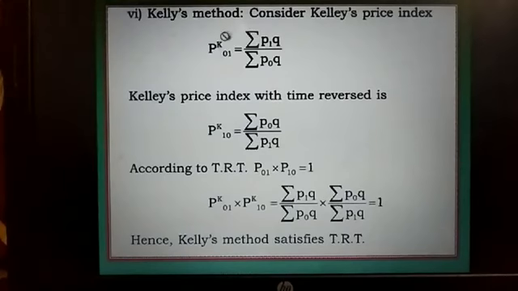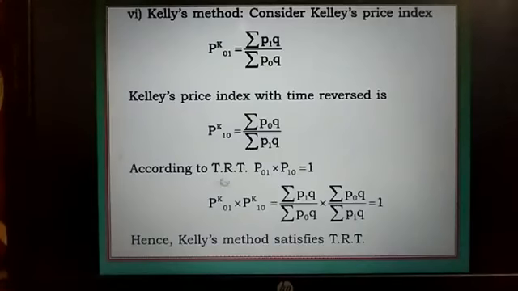Whatever has been given here, the time has to be reversed and rewritten. That will become P10. As in previous slides, whatever we have observed, the same will be present here also. And after that, according to TRT, what is required, you can keep it written: P01 multiplied by P10 is equal to 1.